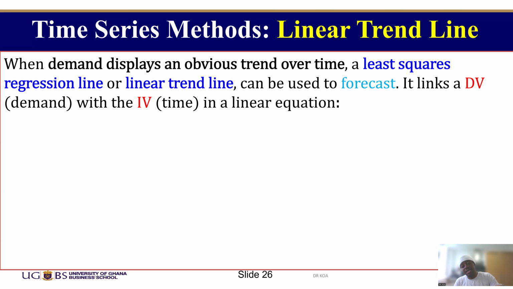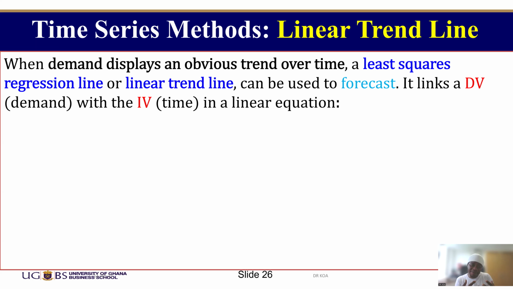It takes a dependent variable, which in our case is the demand. Remember, the dependent variable is the one being influenced, and the independent variable is the one doing the influence. So the causal factor is the independent variable, and the recipient factor is the dependent variable.